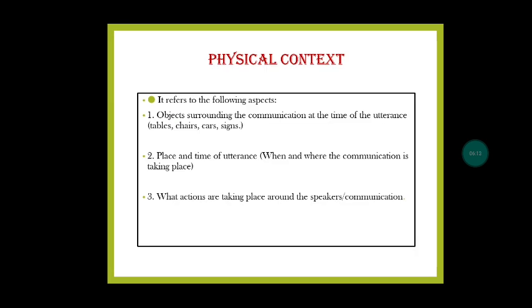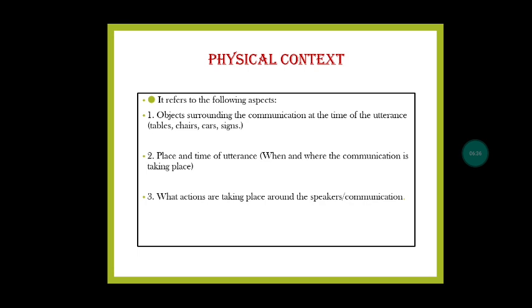Physical context. The physical context refers to objects surrounding the communication at the time of utterance, such as tables, chairs, cars, and signs. It also refers to the place and time of utterance, when and where the communication is taking place. Also, it refers to the actions which are taking place around the speaker or communication.